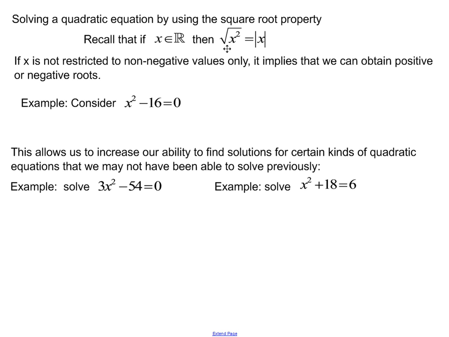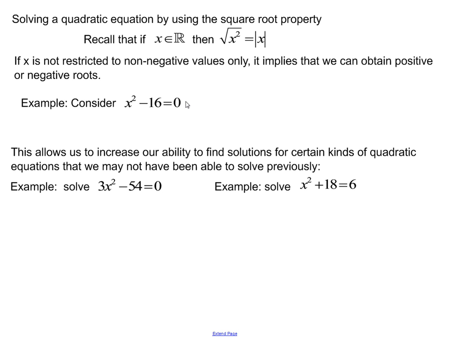So the principal square root of x squared over the set of real numbers is defined to be the absolute value of x. Well, let's look at what this practically means in terms of this expression right here. Let's say we've got x squared minus 16 is equal to 0, and we're asked to solve for x. Well, we can use something called a square root property.